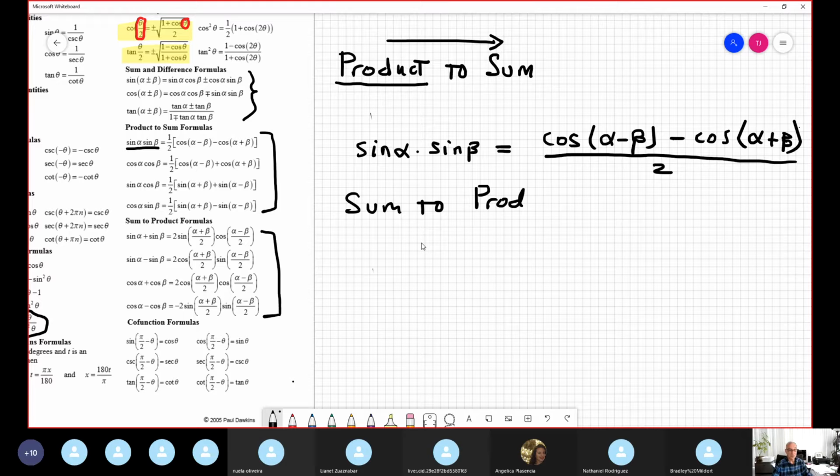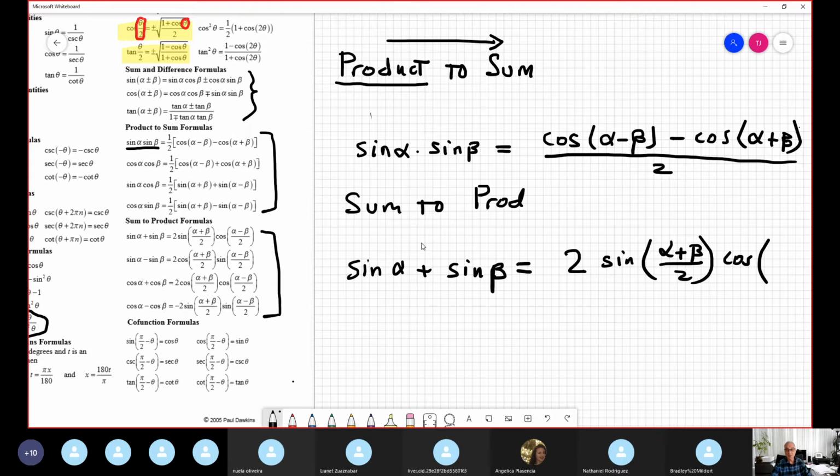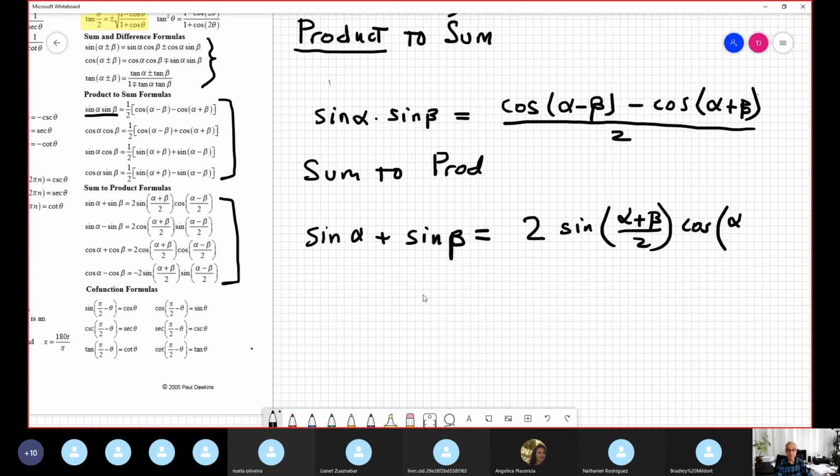functions. Suppose taking the first one, sine alpha plus sine beta. And the formula says that this is equivalent, 100% identity, to sine of (alpha plus beta) divided by 2 inside the parentheses, times cosine of (alpha minus beta) over 2.